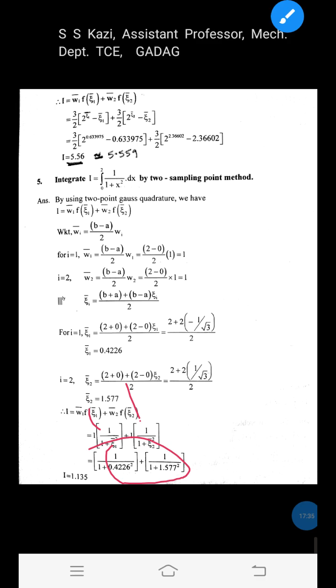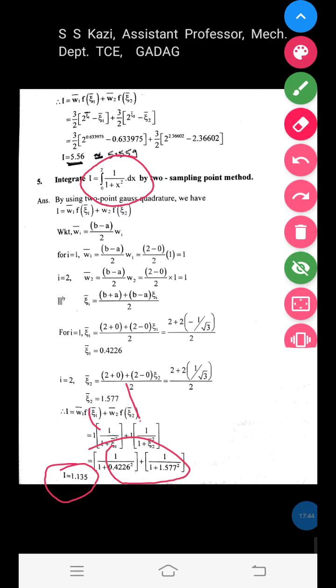If we calculate this, we will get I is equal to 1.135. The 1.135 is the value of the given integral using the 2-point method.